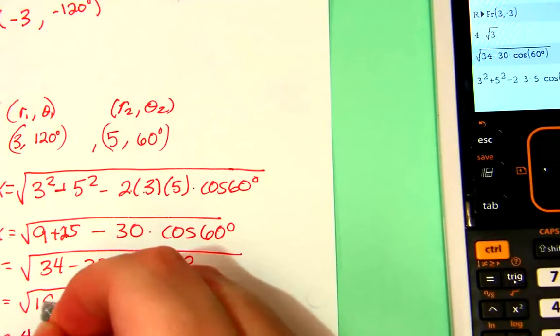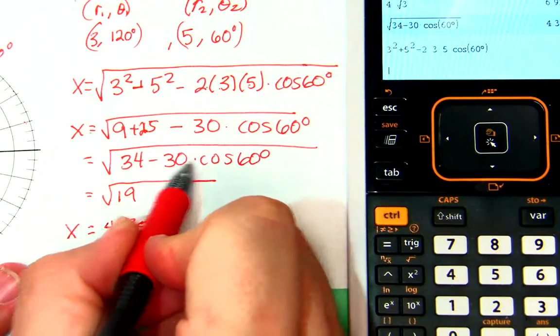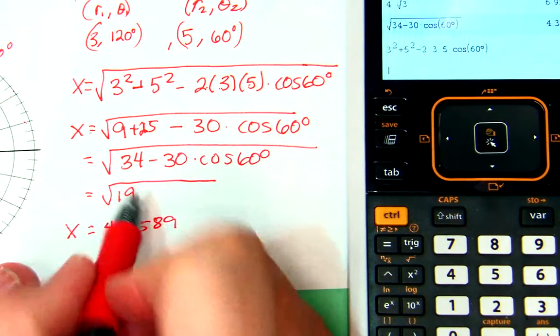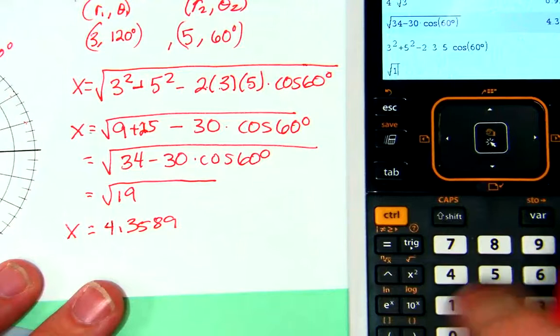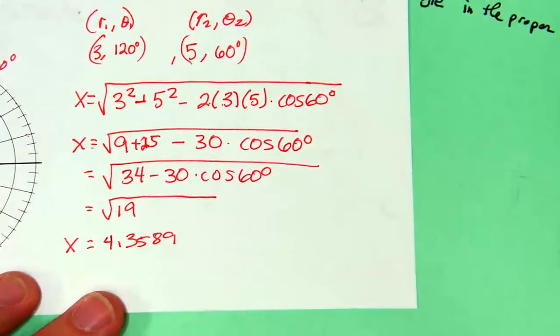That's the square root of 19. That ended up being exactly what I thought. Cosine was 1/2. Half of that is 15. 34 minus 15 is 19. Square root of 19. Bam, exactly what we got.